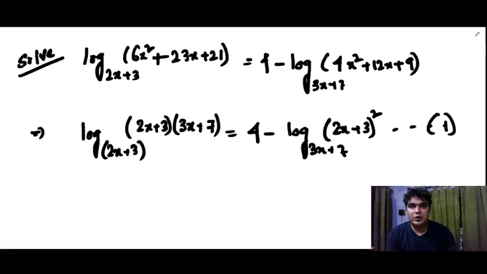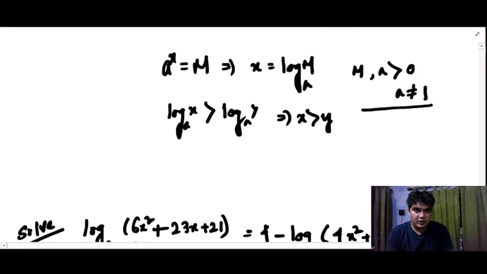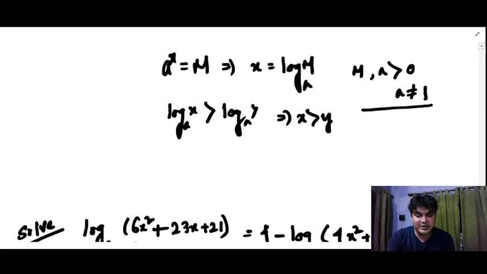Now the equation 1 is defined. I have already said the log is defined when the values of m and a are greater than 0 and a is not equal to 1. So these are the particular situations where the log is defined. When I say equation 1 is defined, that means the log is defined there.